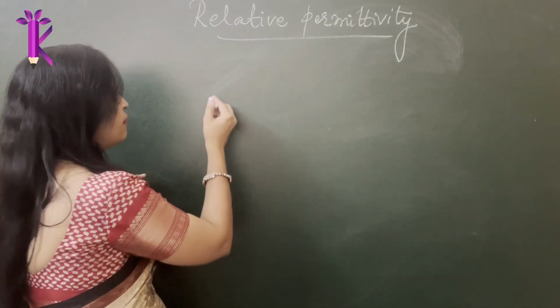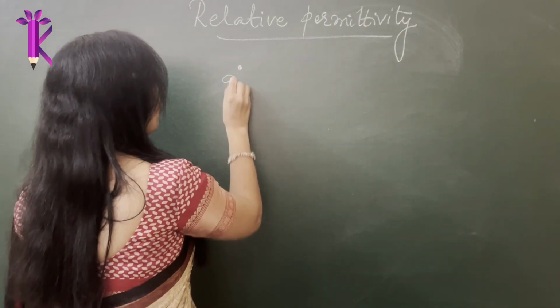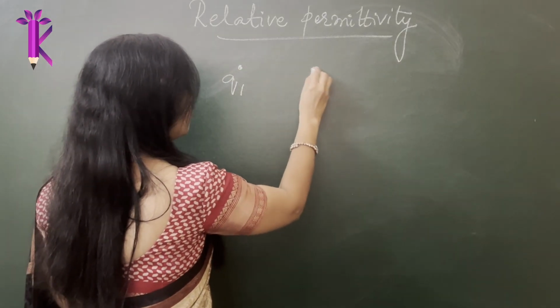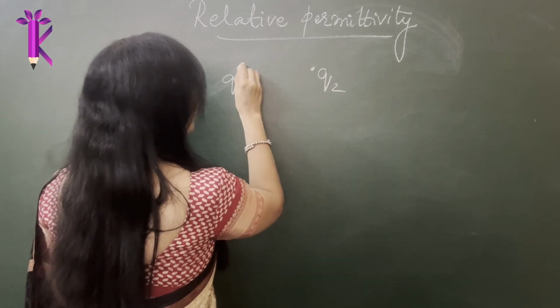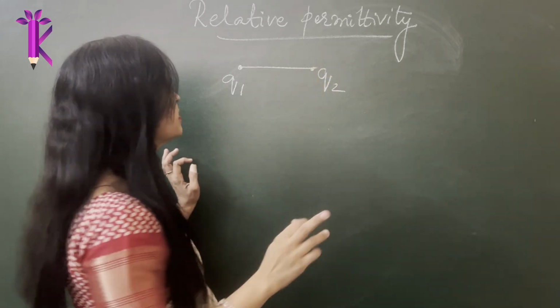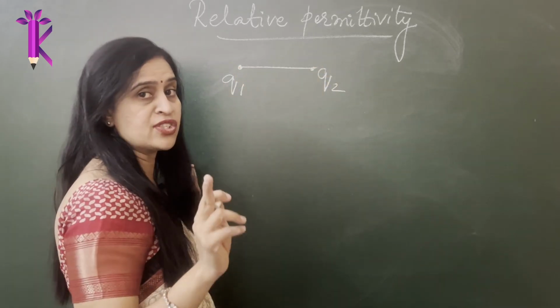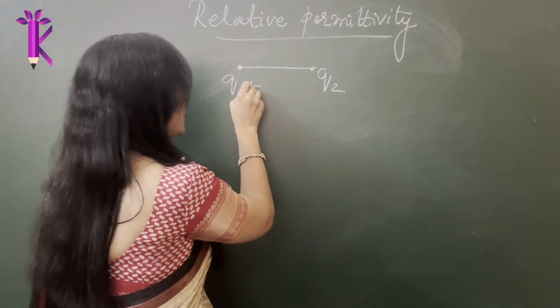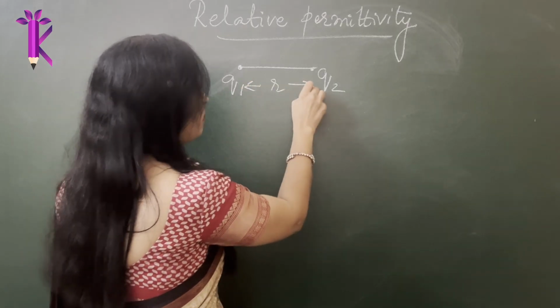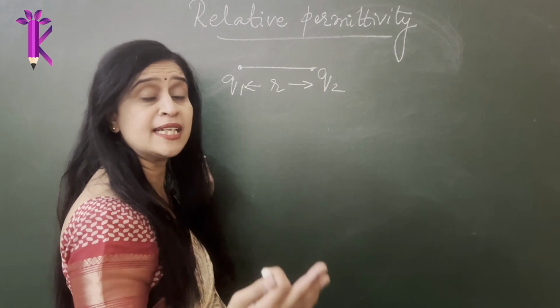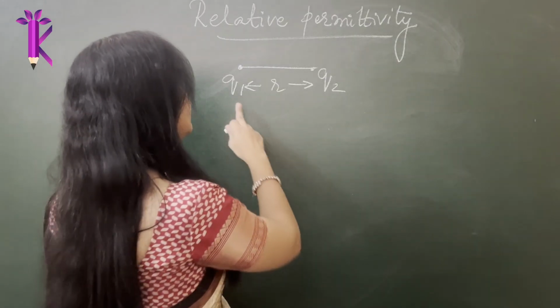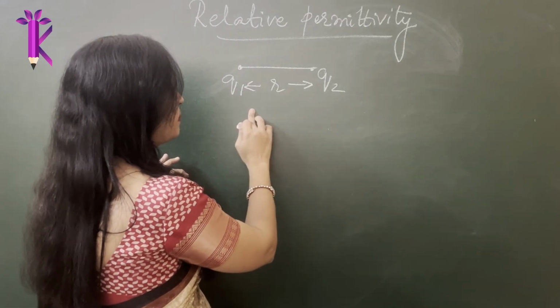So how do we define this? Imagine two charges Q1 and Q2. When I say charges, I definitely mean point charges. I stress on the term point charges, because the distance of separation r is very much greater in magnitude compared to the size of the charges themselves, right? So Q1 and Q2 are separated in vacuum.